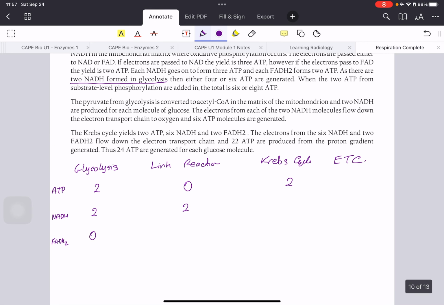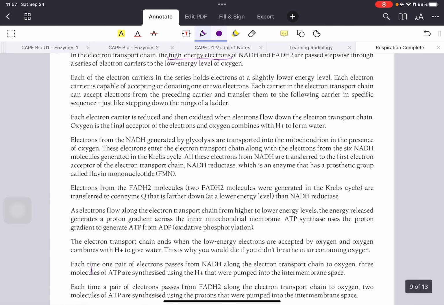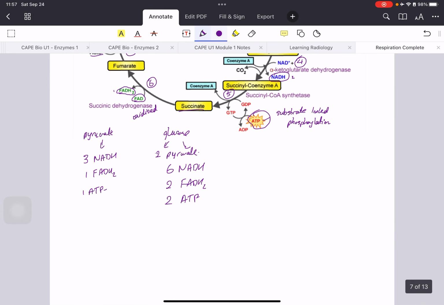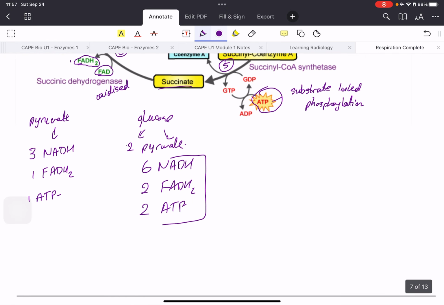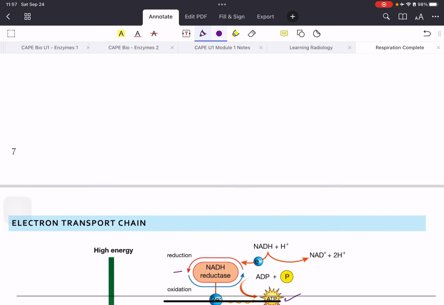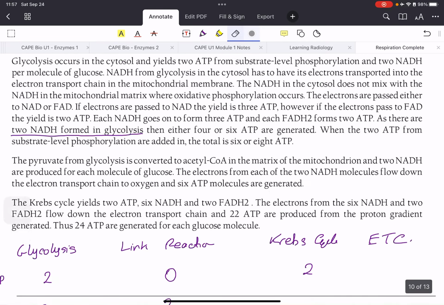Now the Krebs cycle is responsible for making quite a lot of NADH molecules. So let's count them. We actually did the calculation already here. Right, so we have a lot of things being formed here, and that is per glucose molecule, right? So per glucose molecule, we make 6 NADH and 2 FADH2 molecules. All right.